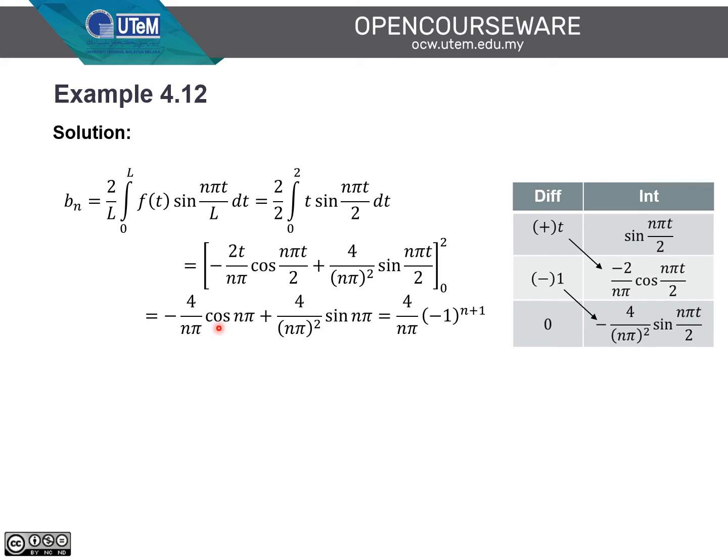Substitute the limit and we obtain this expression. Note that cos n pi is minus 1 to the power of n, while sin n pi equals 0. Therefore, the solution of the Fourier coefficient Bn equals 4 over n pi times (negative 1 to the power of n plus 1).